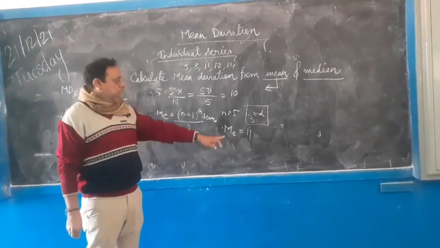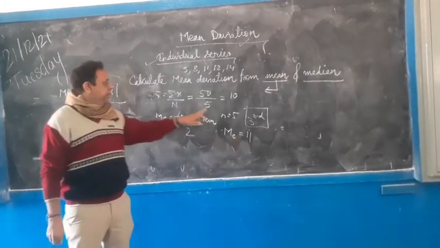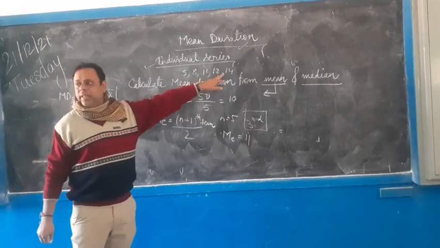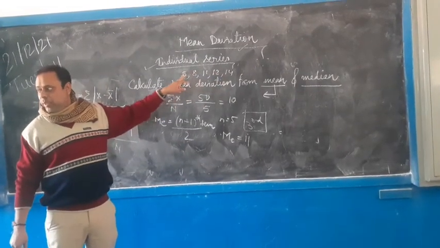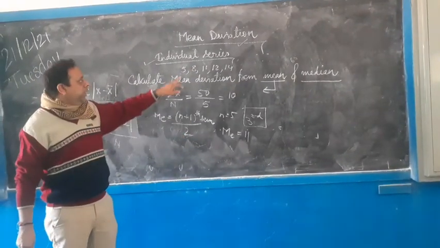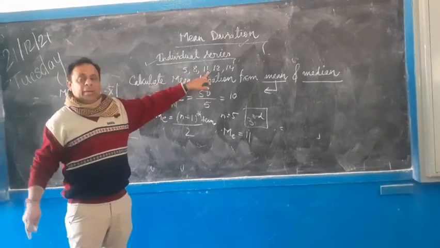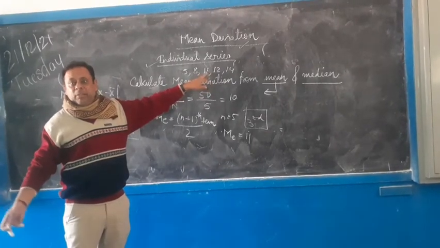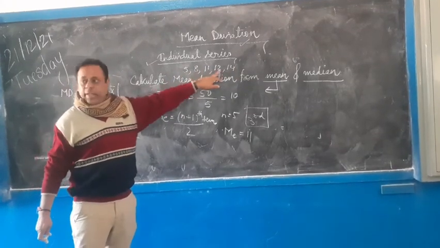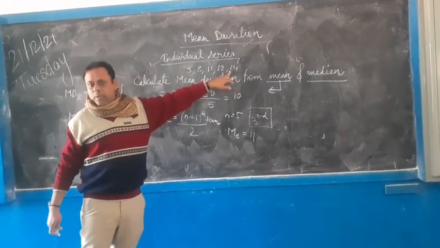Understood? How has 11 come? The (n plus 1) upon 2th term. 5 terms are there, 5 plus 1 is 6, 6 upon 2 means the 3rd term will be the median, and the 3rd term here is 11. Before calculating median, we are supposed to arrange the data in ascending order, which it already is.